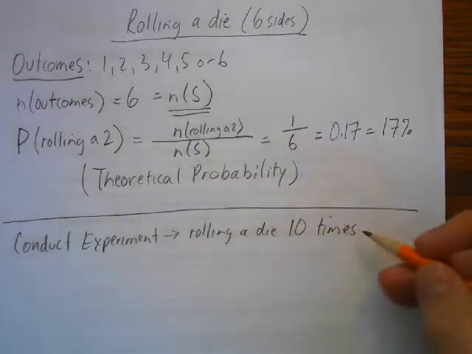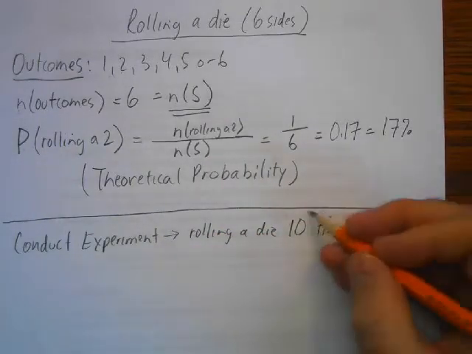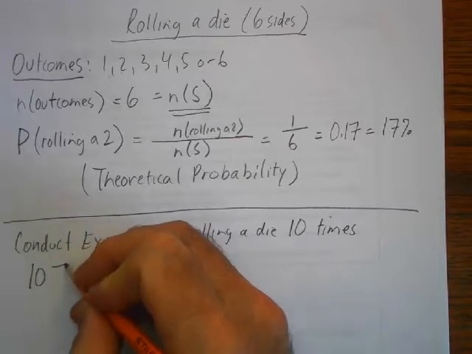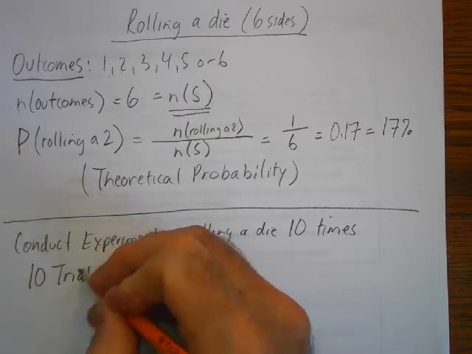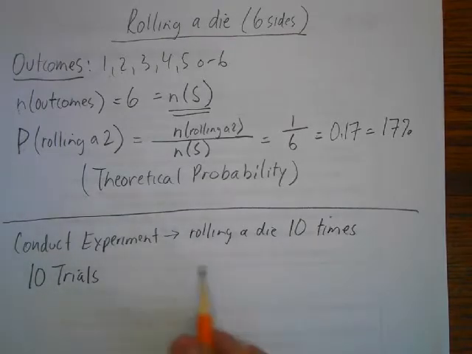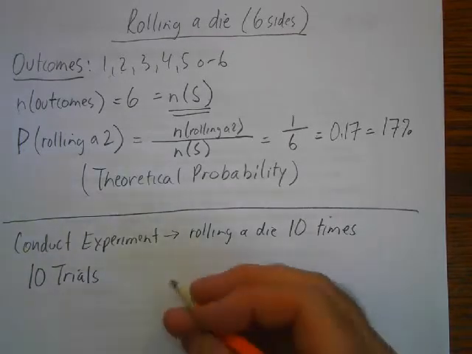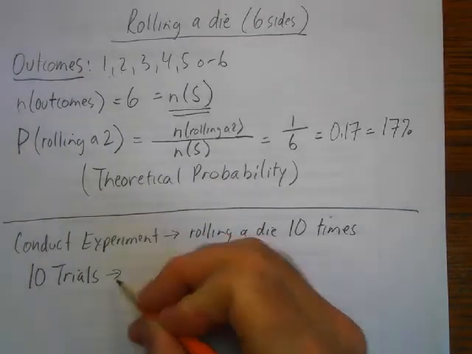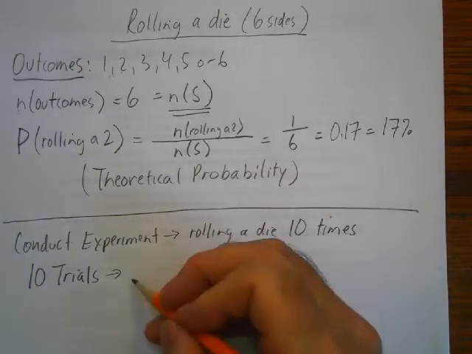Each time I do this is called a trial. This would be 10 trials. So every time you conduct one event of the experiment, and you're doing this over and over, that's called a trial. Okay, so in this case, 10 trials means that if I counted up the trials, I would get 10, obviously.